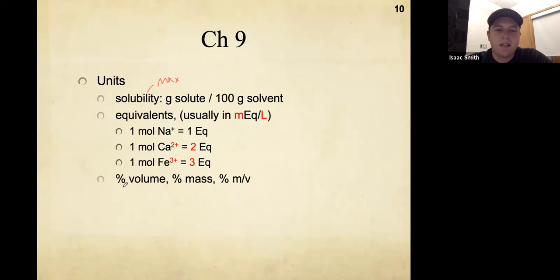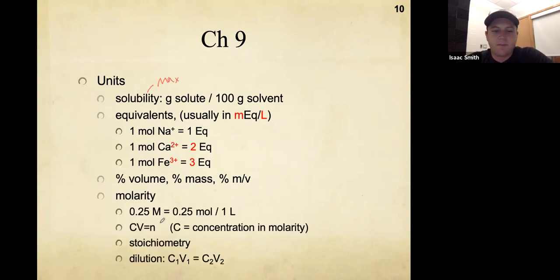Okay. Then there's percent volume, percent mass over volume, and molarity, which is, as you've noticed, the one that we use most often, which is moles of solute for every 1 liter of solution. Okay.